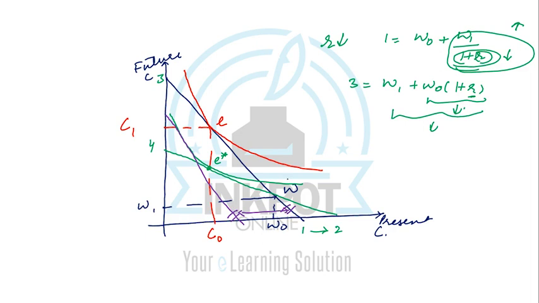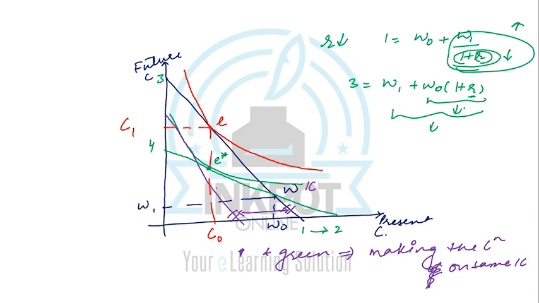It is keeping the IC of the consumer the same, which means the purple or violet and the green line are both making the consumer consume on the same IC, which means the welfare in both is the same.